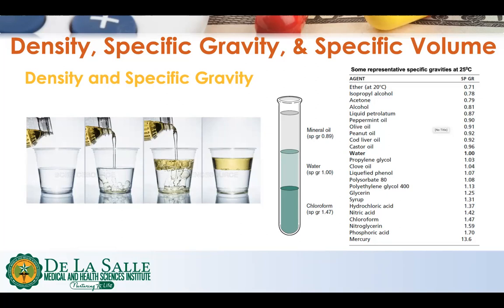As you can see in this picture, oils most often have a specific gravity less than one, which is the specific gravity of water. So most oils float on top of water.